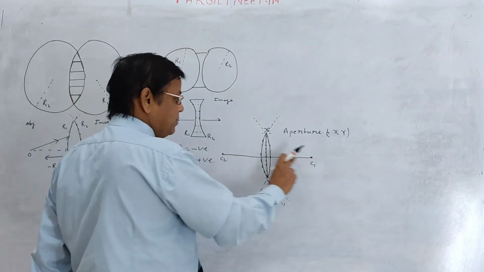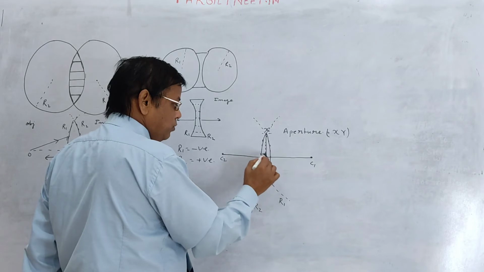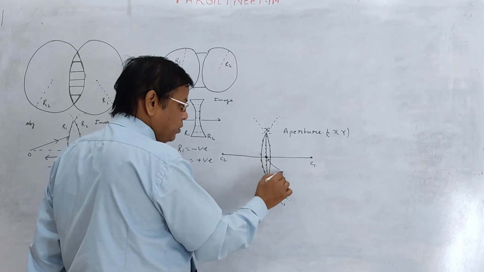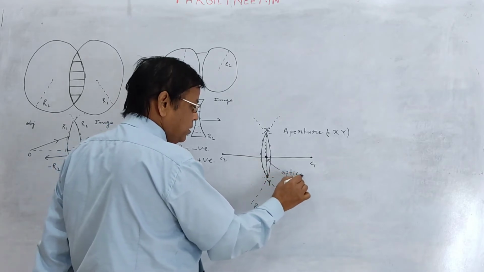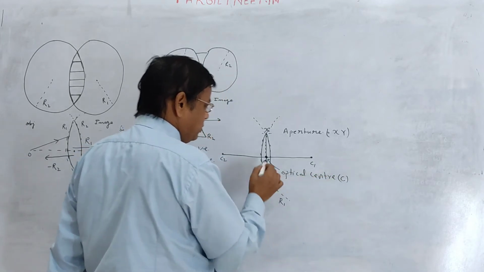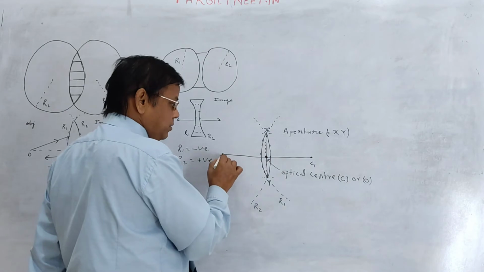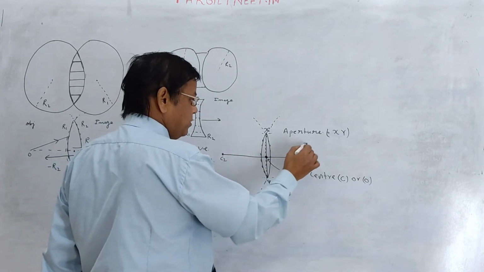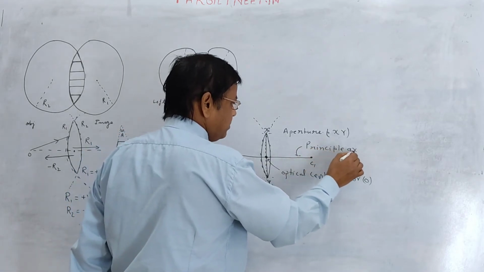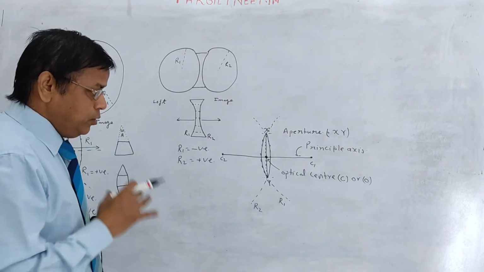And the center of the lens through which this principal axis passes is called the optical center. We denote it by C or O. So this is the optical center, and C2, C1, this is the principal axis. So aperture, principal axis, optical center.